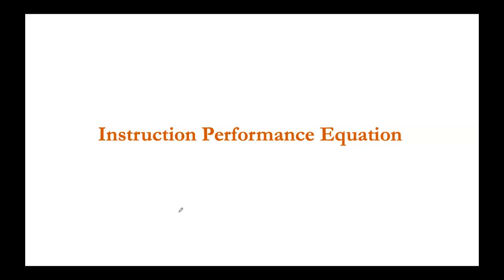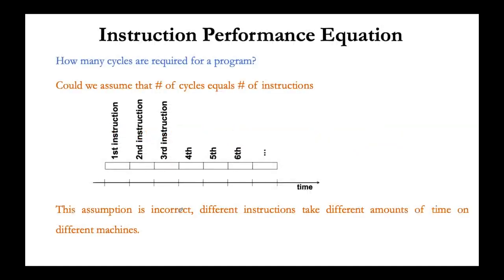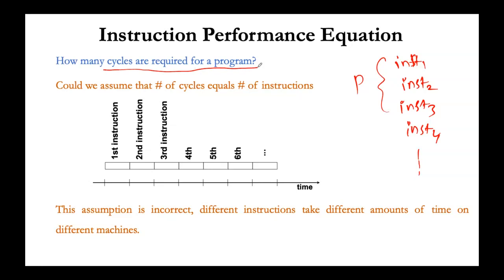In this instruction performance equation, to execute the instructions of a program, as we just considered, we have instruction 1, instruction 2, instruction 3, instruction 4, and so on. Then how many cycles are required for a program? How many cycles are required for a program is important for this instruction performance.